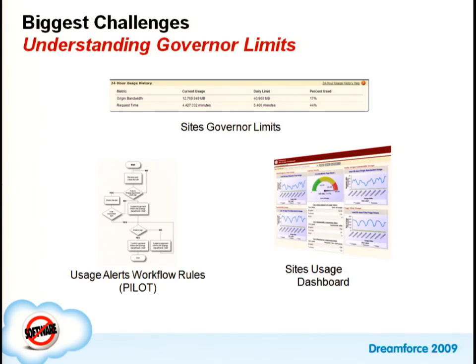So one thing that you want to do is make sure that your request time stays relatively low. The reason for this, of course, is that A, your customers will have a better experience, because if you're using caching effectively, people all around the world will have a faster, more timely experience. The other thing, of course, is that as it is a governor limit, it is a limit that you have for the day. So if you actually end up exceeding this limit, your site might actually be shut down for the day.